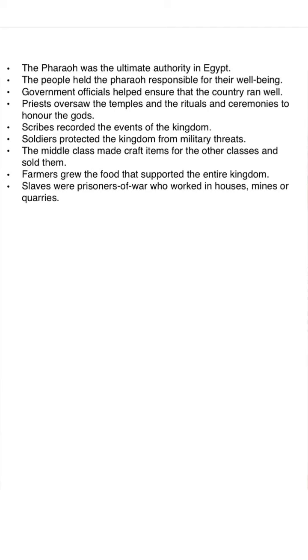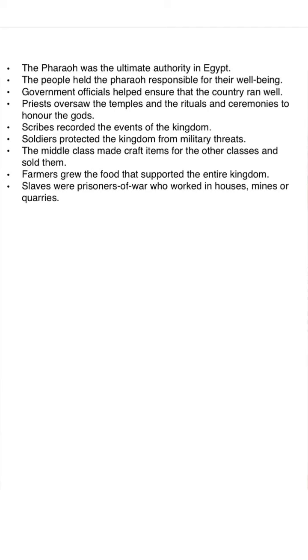Now, farmers were the most important part of the society because they grew crops, and they were working under the pharaoh or the nobles, right? The farmers gave crops to the pharaoh or other officials, and in return farmers received food and clothing. At the bottom of this structure were the slaves.